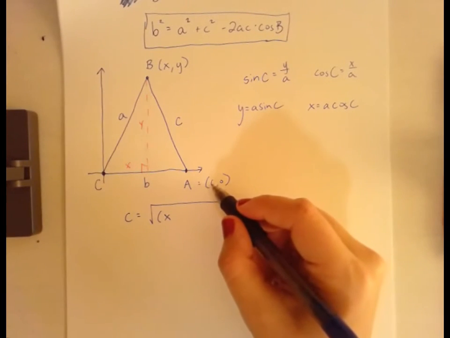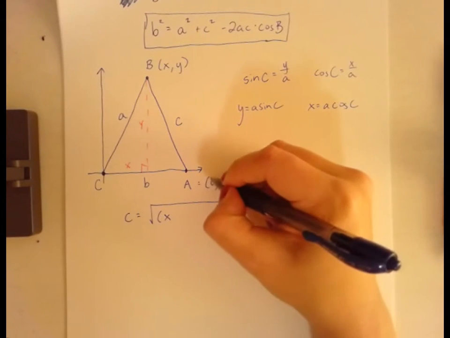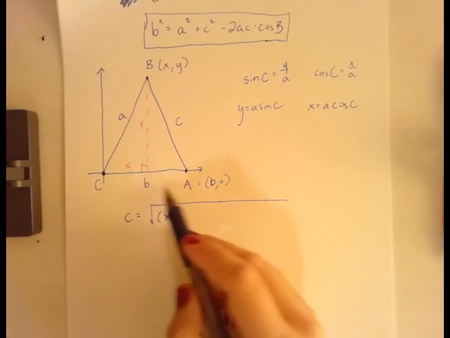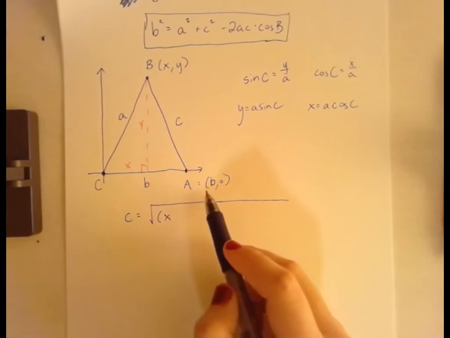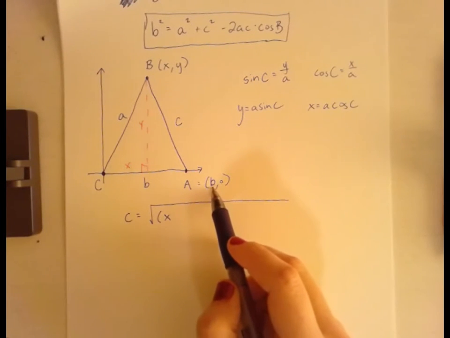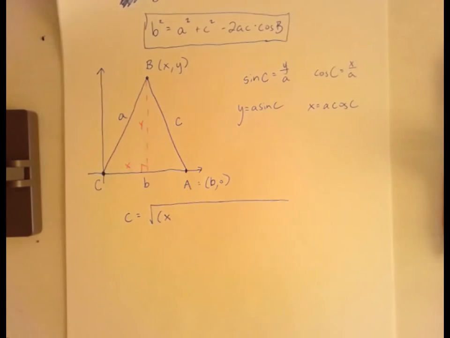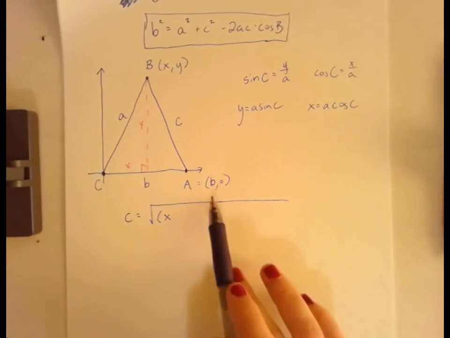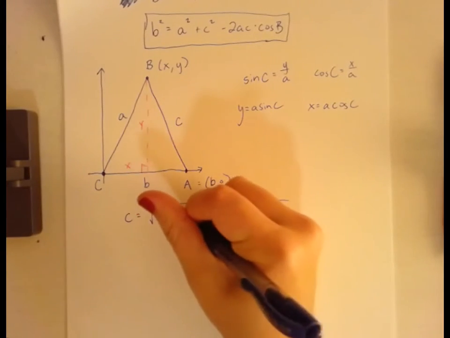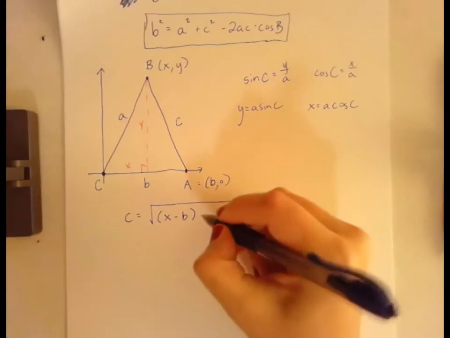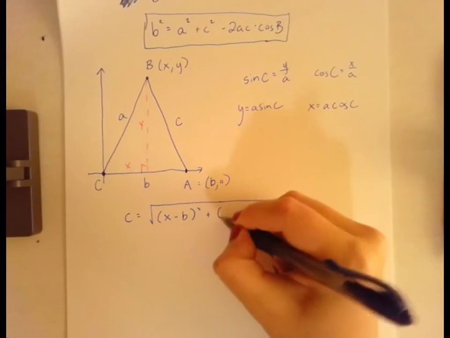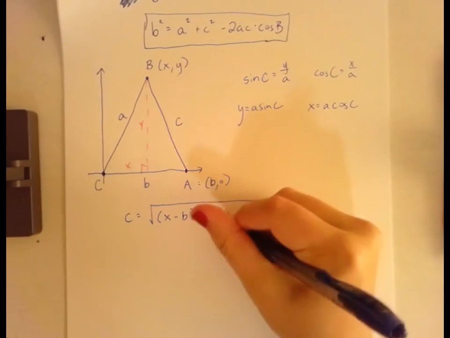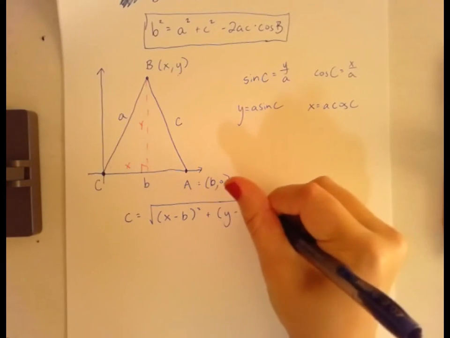This coordinate is no longer the letter C. This coordinate is the letter B because the side length is now represented by the letter B, not C. Make sure that's changed. And then that affects my formula down here, right? X2 minus X1. X1 is now B. So X minus B is what I should have in here. Plus Y2 minus Y1 squared.